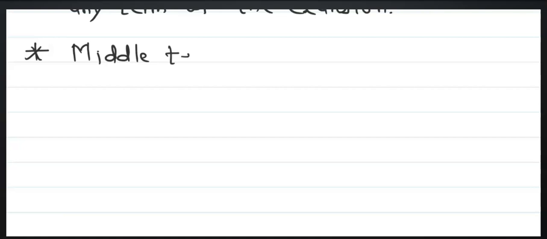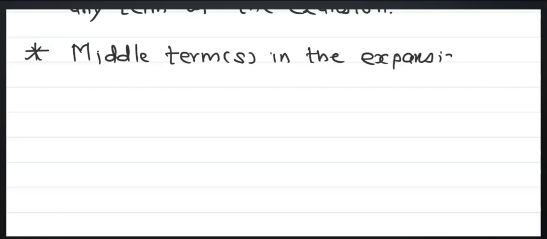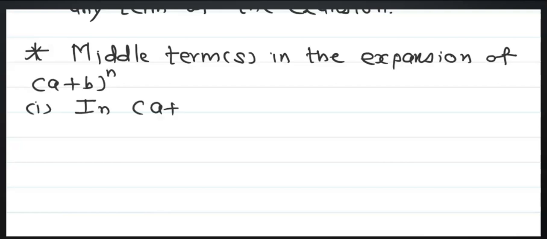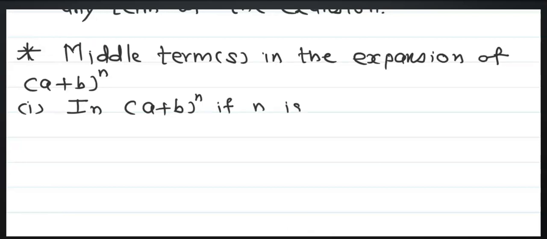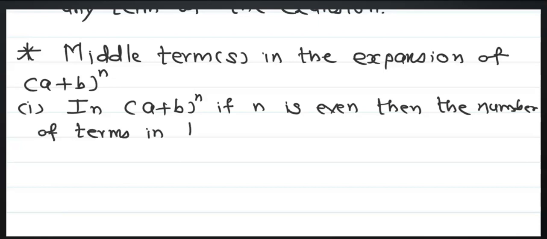Next, we can also find the middle terms in the expansion of (a + b) raised to n. In (a + b) raised to n, if n is even, then the number of terms in the expansion is odd.